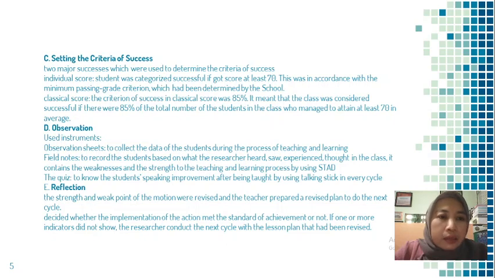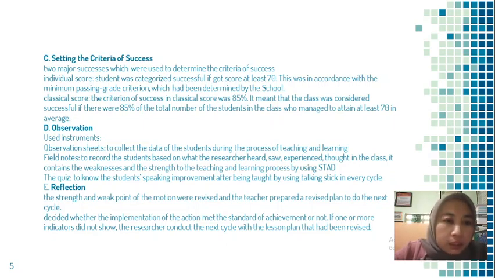And second, classical score. The criterion of success in classical score was 85%. It means that the class was considered successful if 85% of the total number of students in the class managed to attain at least 70.